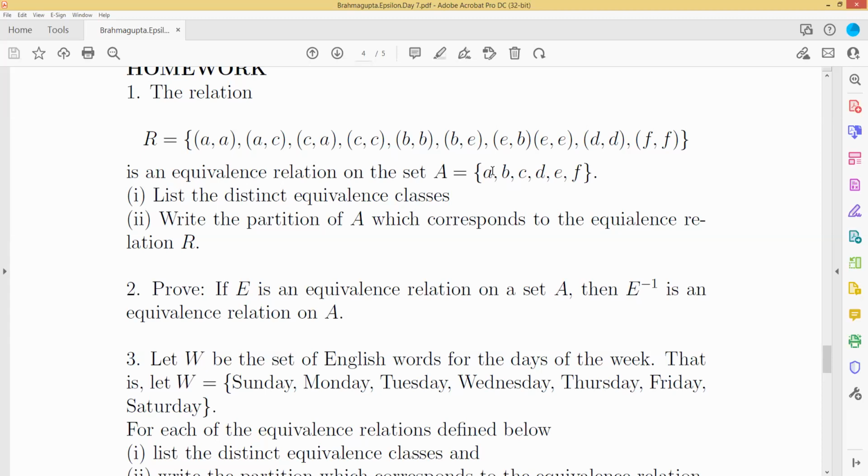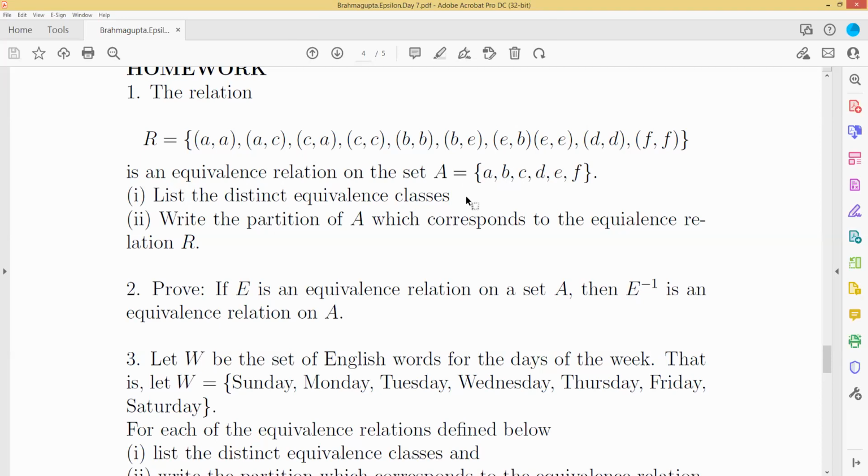Everybody got that one? A and C are in the same equivalence class. So that gives us one equivalence class. If you take all the equivalence classes, the members in it will count all of these.